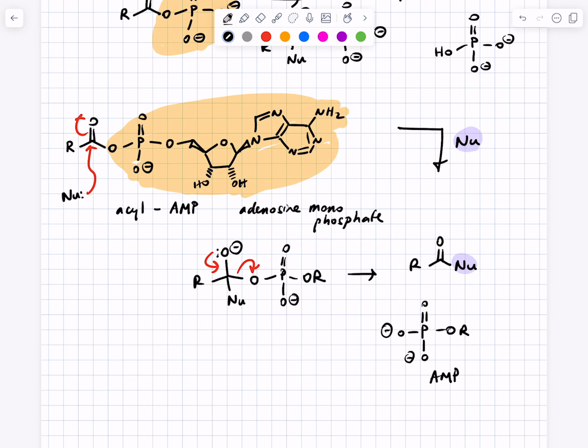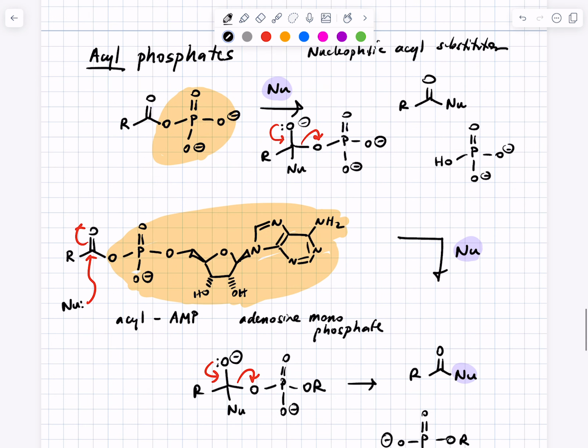But the idea is, again, nucleophile replaces leaving group. If you look at these acyl phosphates, the thing that makes them reactive is, first, the presence of a good leaving group. And second, if you look at them, they sort of resemble anhydrides.